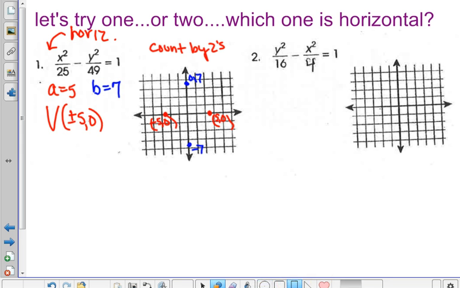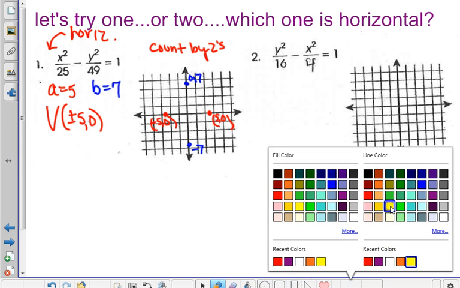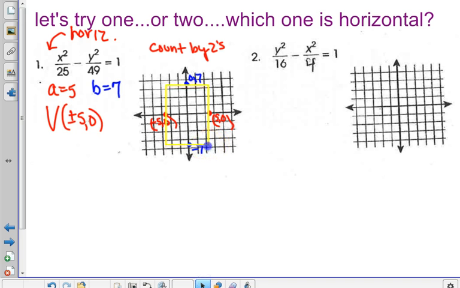I don't know. I'm going to attempt to do my rectangle here. I'm not sure how this works. There we go. Okay, can you draw the rectangle that goes through those points? Can you kind of see mine or not? Is yellow a bad color?